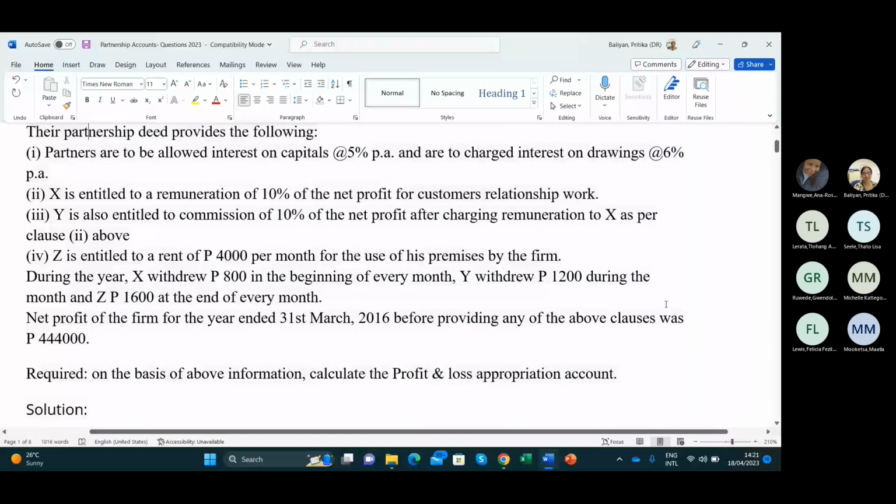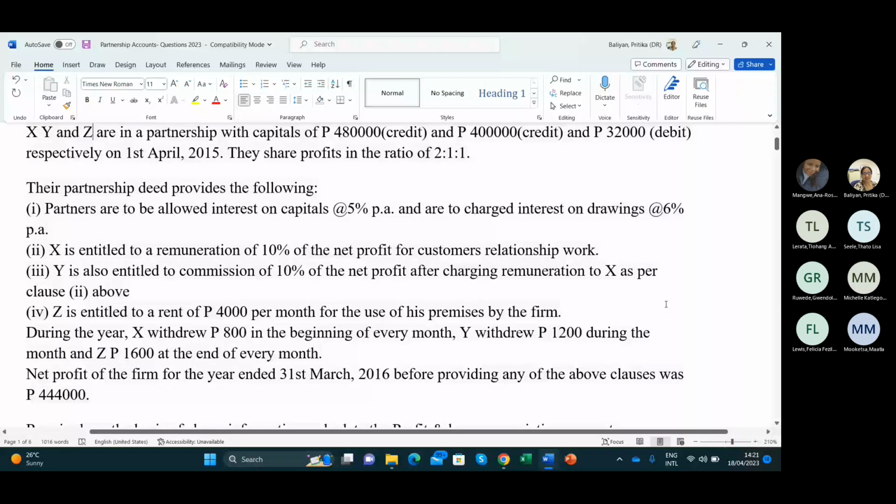See the question. Read the question, what we are going to do first.